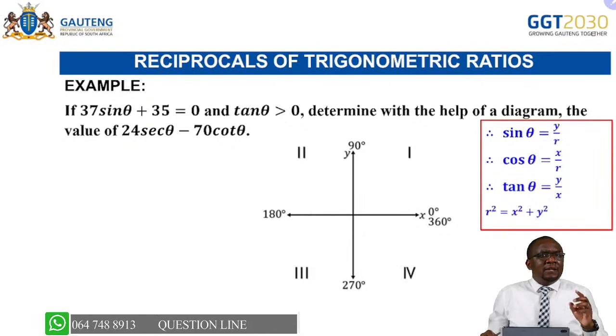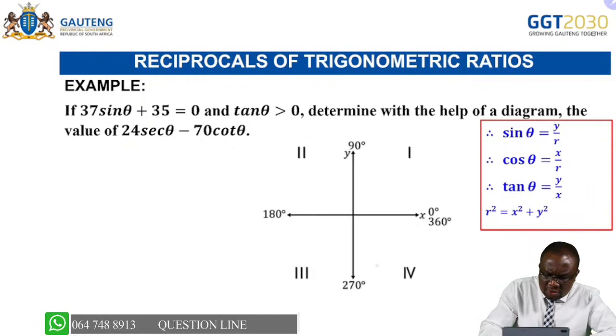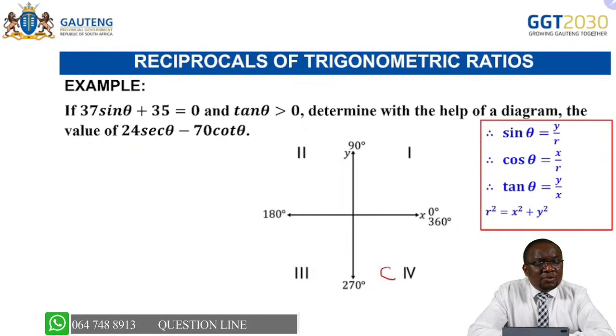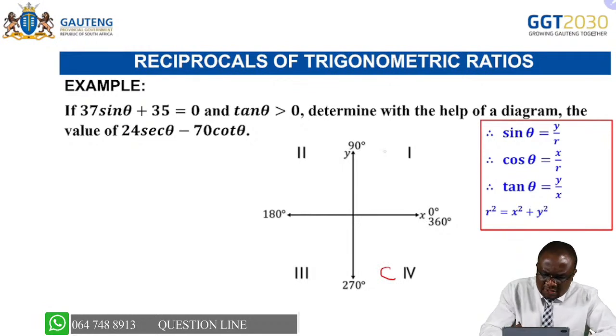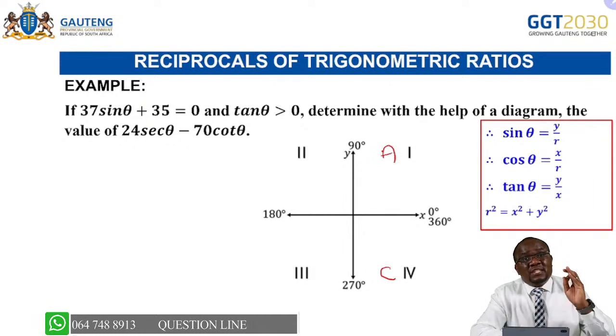Do you remember in the previous lesson, identifying the quadrants? What did we say about the quadrants? In quadrant 4, which ratio is positive? It is cos theta. In quadrant 1, all of them are positive: cos theta, tan theta, sin theta.